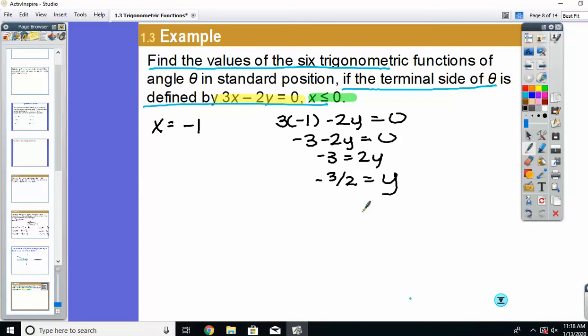We talked about how it doesn't matter what points you pick on the line. So this one is fine, but you could certainly pick a different x value. Is there anything about this that you don't like? The fraction. Is there a way we could avoid the fraction? What would you do if you didn't want a fraction? Pick a different x.